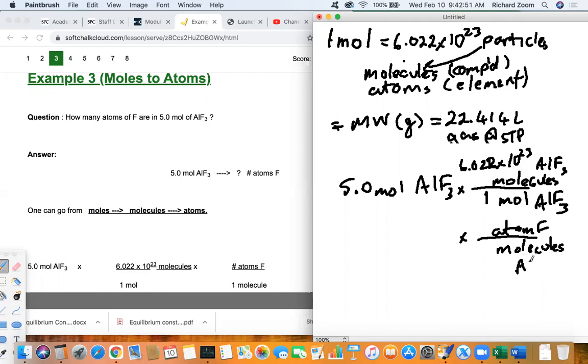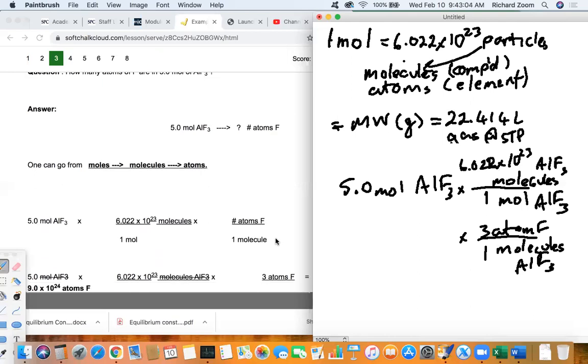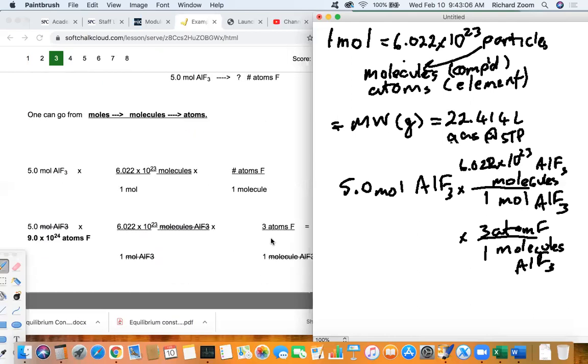We had to go through the molecules of AlF3 to get to there. So it's 3 atoms of F, 1 molecule of AlF3. And that comes up with the answer, which comes out to be 9.0 times 10 to the 24th atoms of F. So we're looking at pretty big numbers here when we're talking about moles. Does anybody have any questions so far?